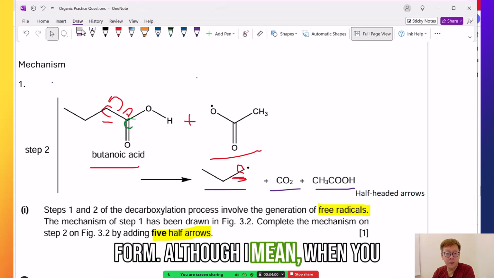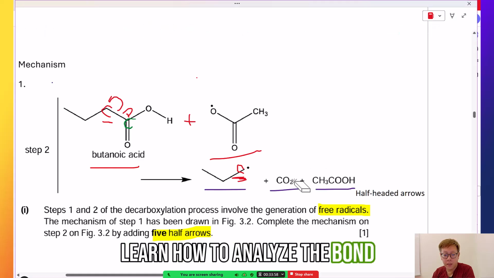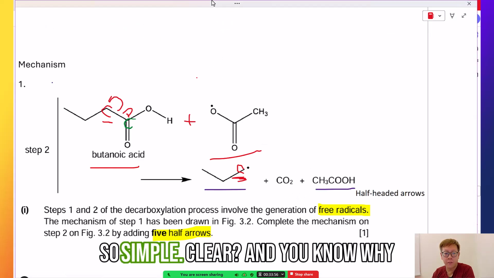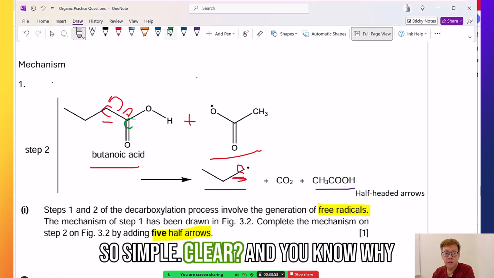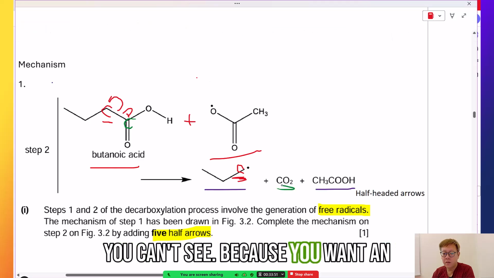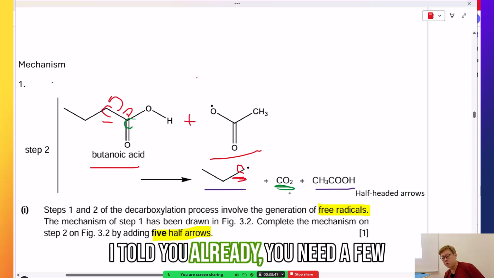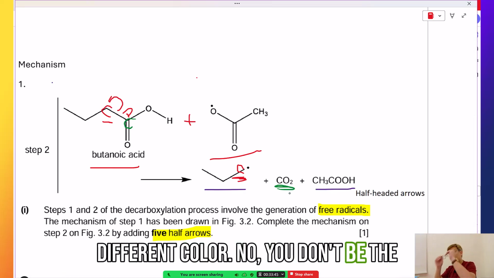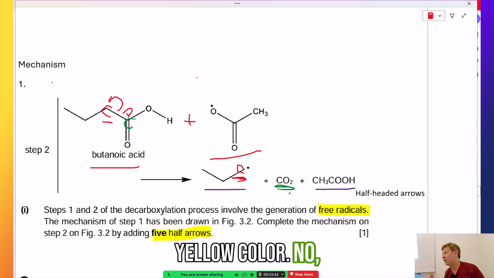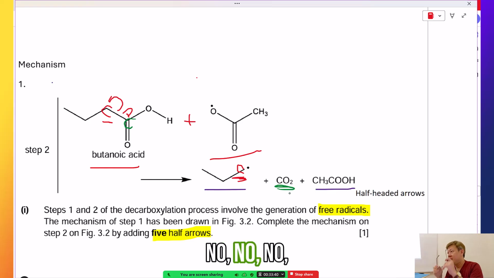Follow what I mean? When you learn how to analyze the bond break and bond form, it will become so simple. Clear? And you know why you can't see? Because your one all same color. I told you already, you need a few different color. No color, no life. Follow?